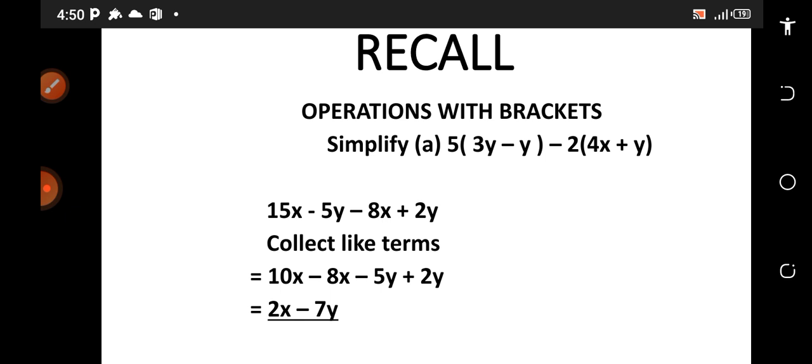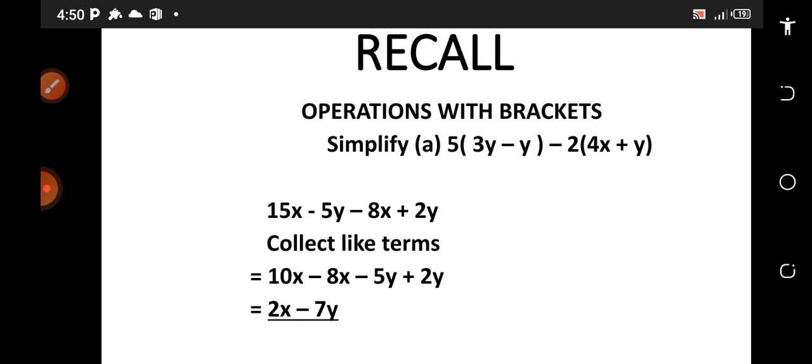We are done with the first bracket. Let's go to the second one. 2 times 4x gives us 8x, plus 2 times y gives us 2y. Now we have removed the brackets.